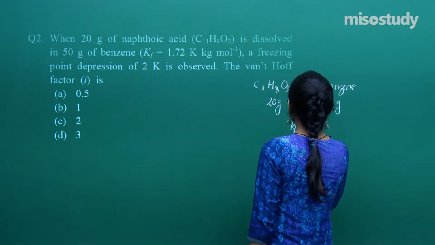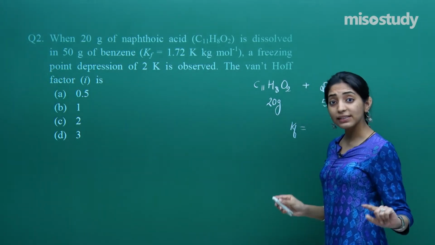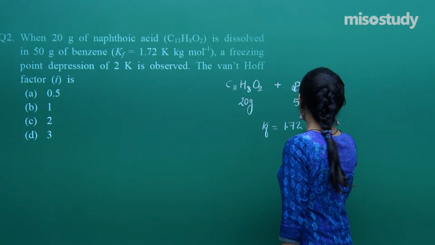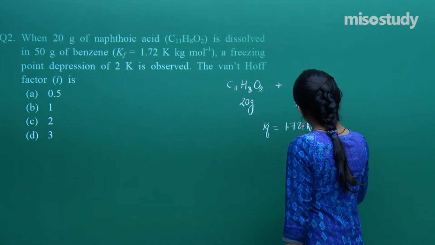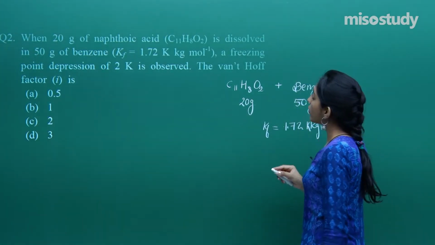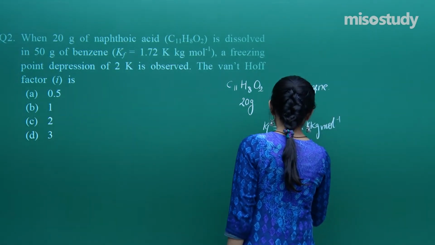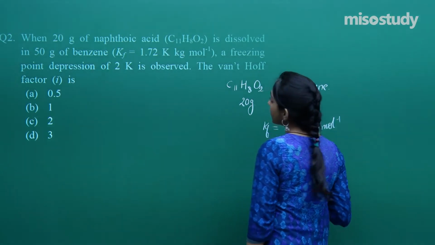The Kf is given to us of benzene because benzene is taken as the solvent here, and this is 1.72 Kelvin kg per mole. A freezing point depression, that means delta Tf, of 2 Kelvin will be obtained.